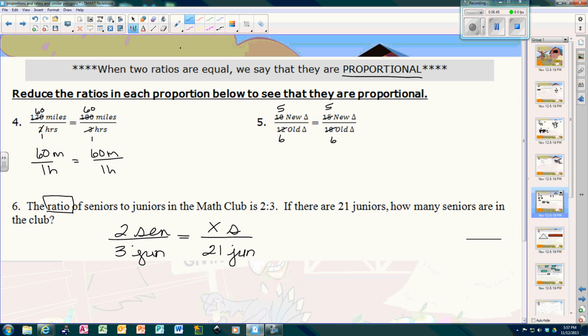How many seniors are there? Now I can cross multiply. So 3 times x is 3x. 2 times 21 is 42. Divide both sides by 3, and I get that x is 14. So that means there are 14 seniors.